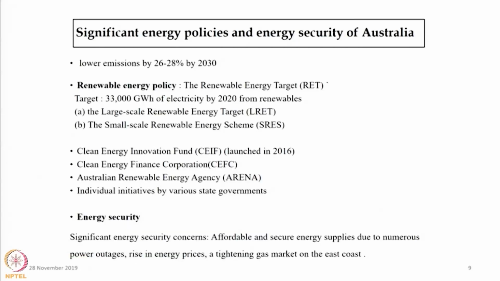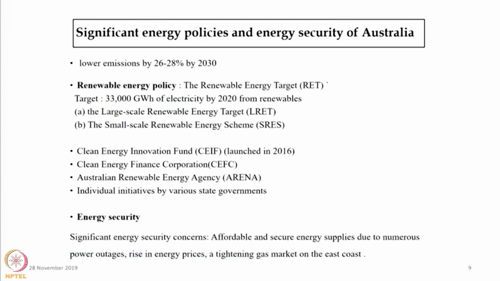Regarding significant policies, Australia has a target to reduce CO2 emission by 26 to 28% by 2030, and has targets like the Large-scale Renewable Energy Target and the Small-scale Renewable Energy Scheme.